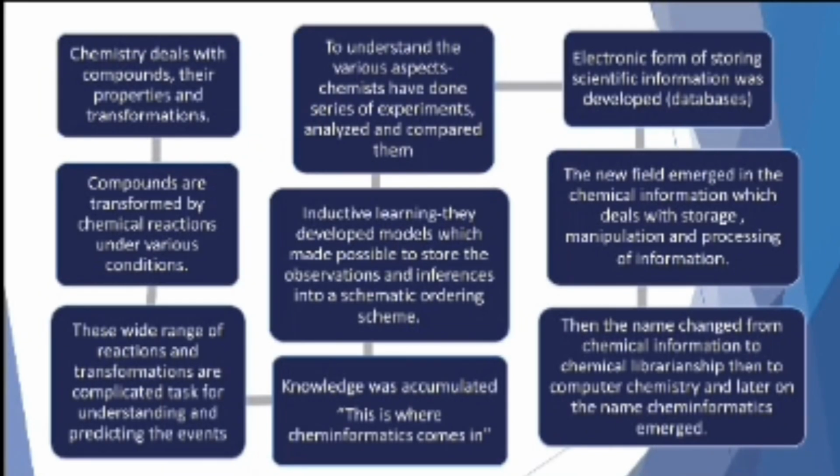From the results, an electronic form of storing scientific information was developed, that is nothing but the databases. It became linked with computer science and information technology. And this plays an inductive learning role, in that they developed models which made it possible to store observations and inferences in a schematic ordering scheme. So the knowledge was accumulated. This is where cheminformatics comes in.